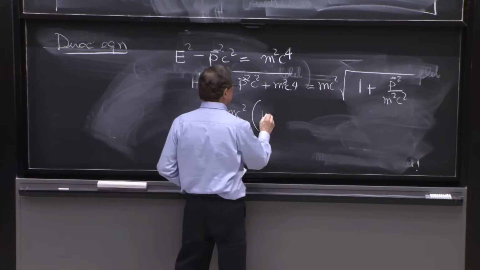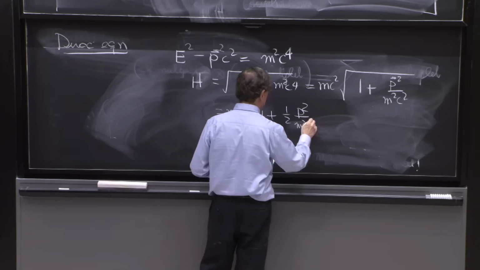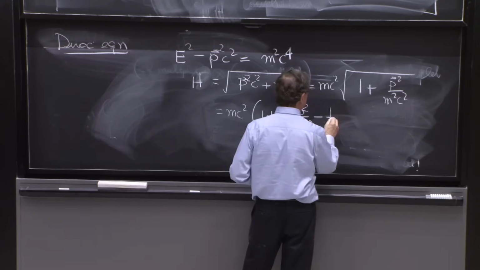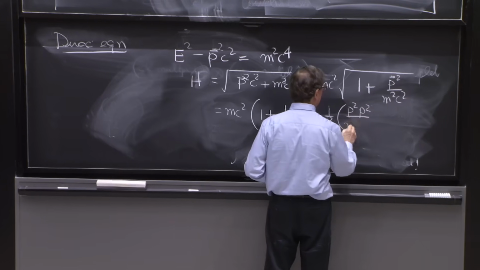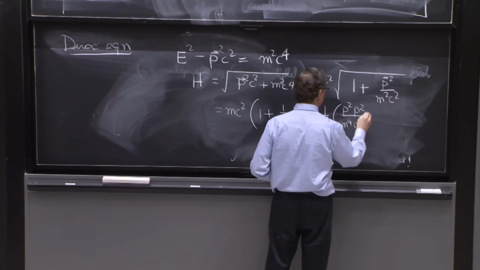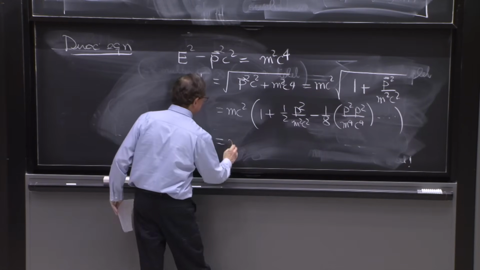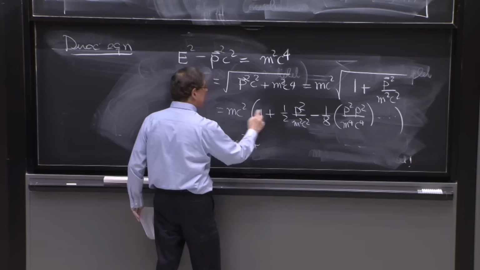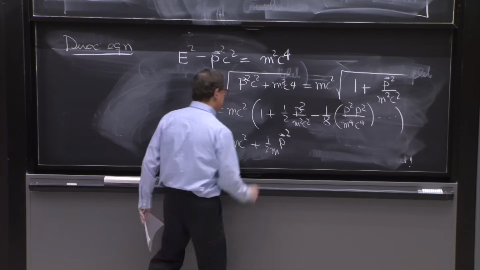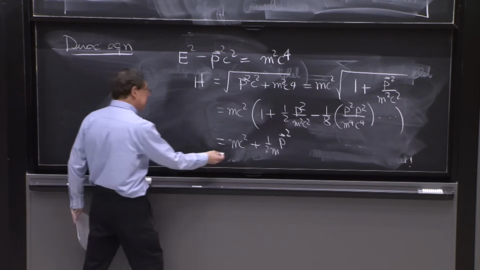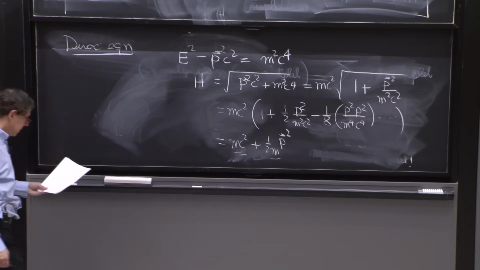You get 1 plus 1/2 p squared over m squared c squared minus 1/8 of this term squared, so p squared over m to the fourth c to the fourth. And then what do you get? mc squared plus p squared over 2m. That's very nice. Apart from the rest energy, you get the p squared over 2m that you would expect.